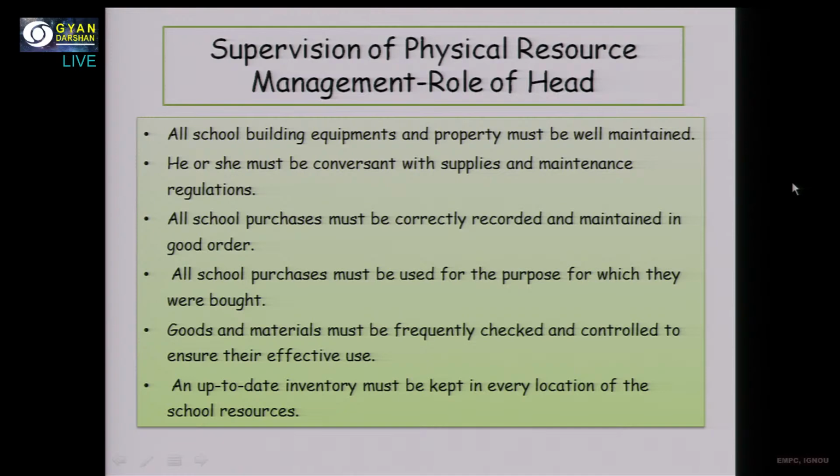All school purchases must be correctly recorded and maintained in good order. All school purchases must be used for the purpose for which they were bought. Goods and materials must be frequently checked and controlled to ensure their effective use. An up-to-date inventory must be kept in every location of the school resources.